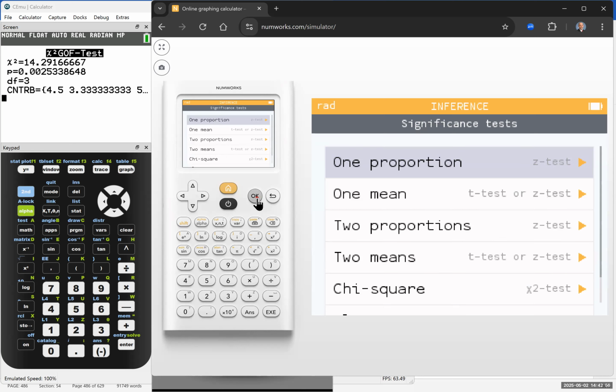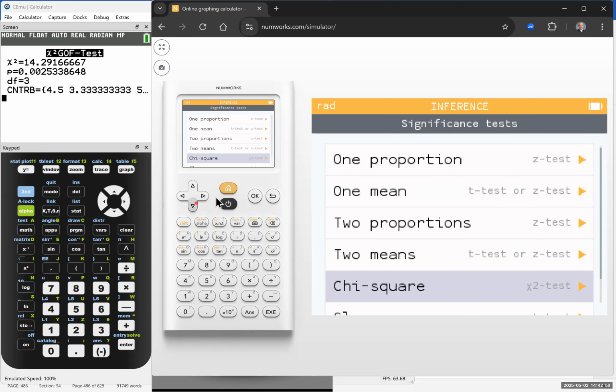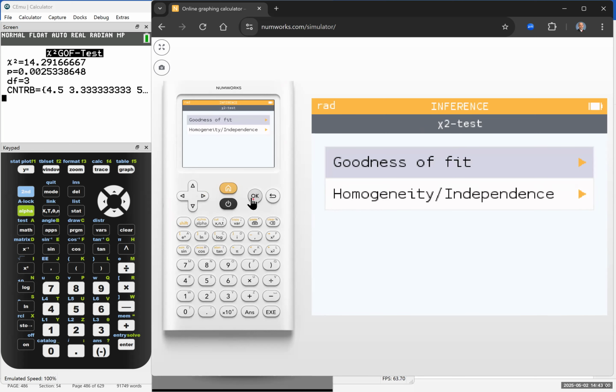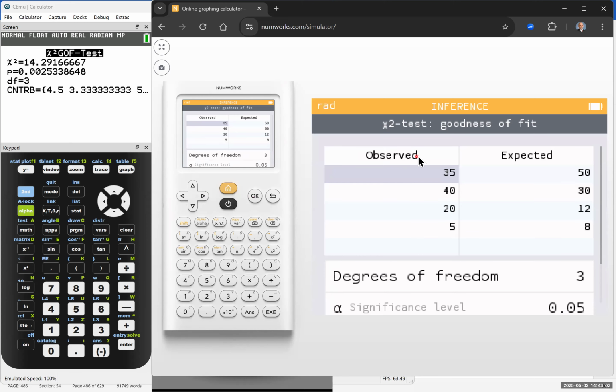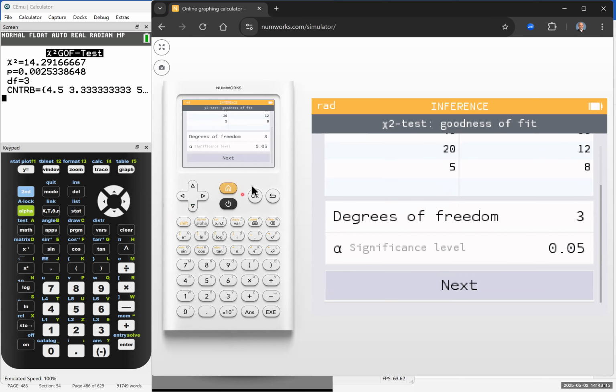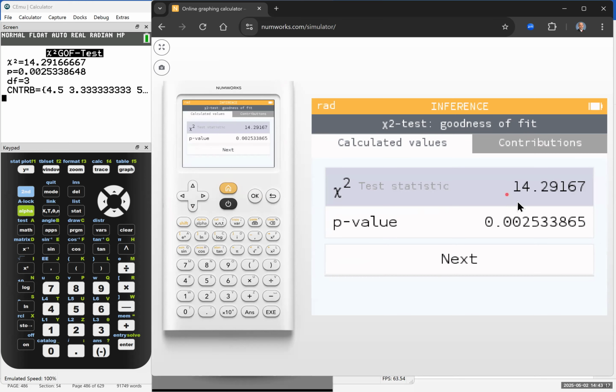Go to tests. We want a chi-squared test, goodness of fit. And I put in the observed and the expected values. It put in degrees of freedom for me because it's 1 less than the number of rows that we've got. We do have a significance level of 5%, so that's right. And we get 14.29 and 0.0025.